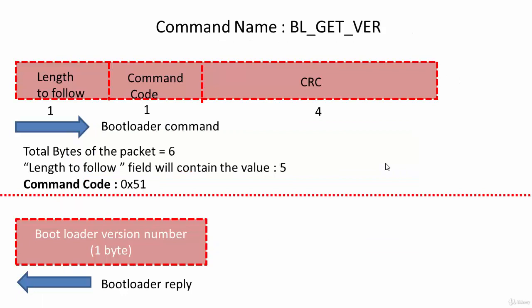Here is the command packet format for the command bootloader get version. The host sends this command in order to get the bootloader version. Remember that in our implementation, in every command packet, the first byte will be the length to follow field, and the second byte will be the command code of that respective command sent by the host to the bootloader.